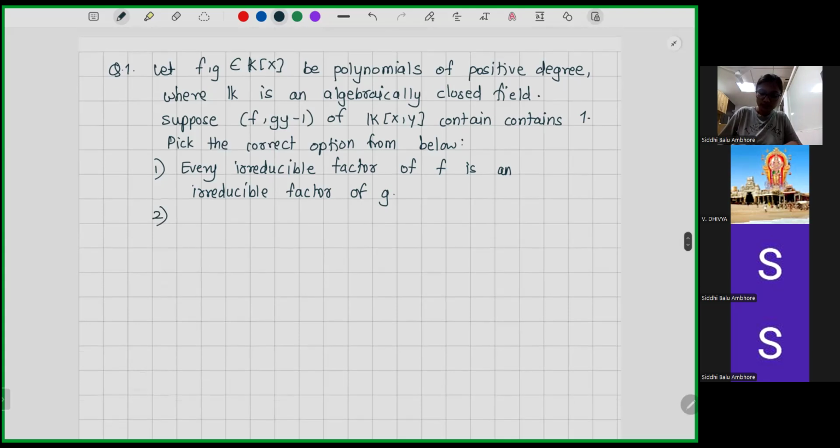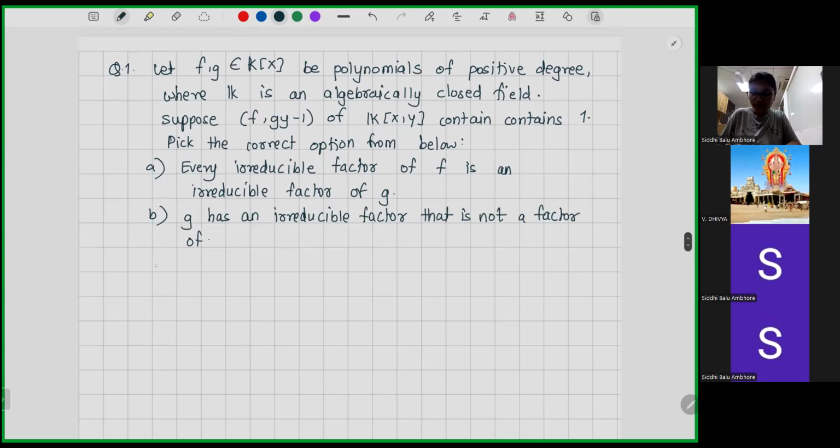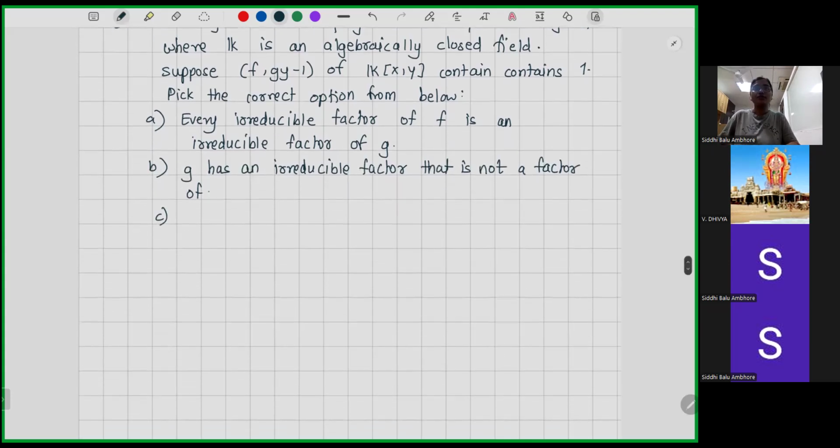And the second option is that g has an irreducible factor that is not a factor of f. So they are saying that g has one irreducible factor which is not a factor of f.